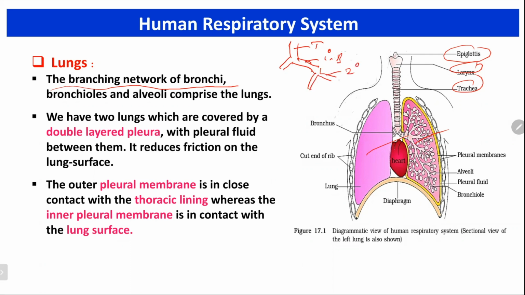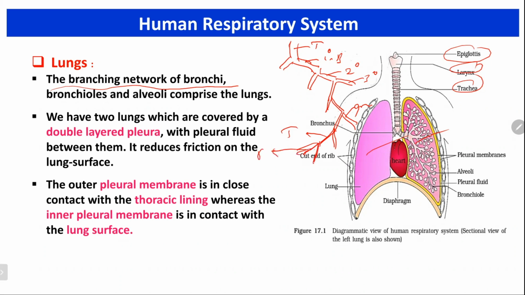Secondary bronchi. Secondary bronchi again divide into what? Tertiary bronchi. Tertiary bronchi divide into what? Quaternary bronchi. They divide into what? Initial bronchioles. They divide into what? Terminal bronchioles. Terminal bronchioles again divide into what? Come on.